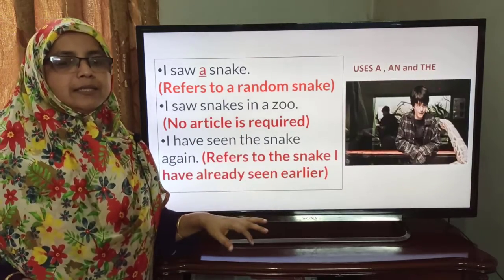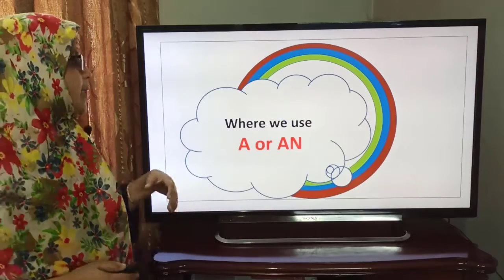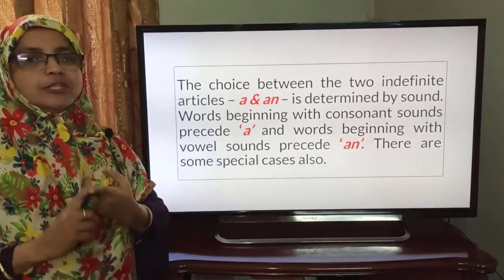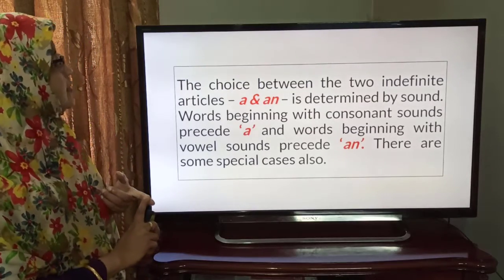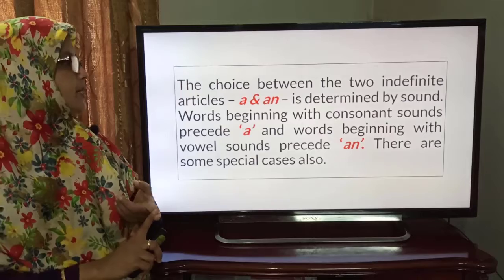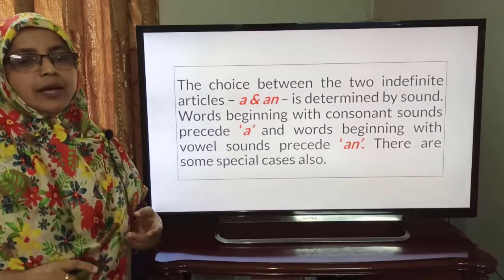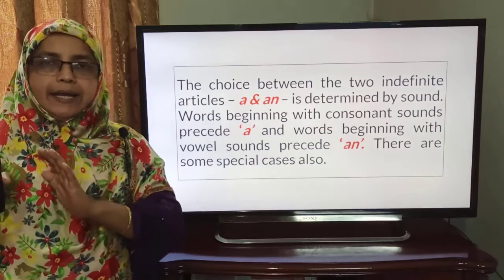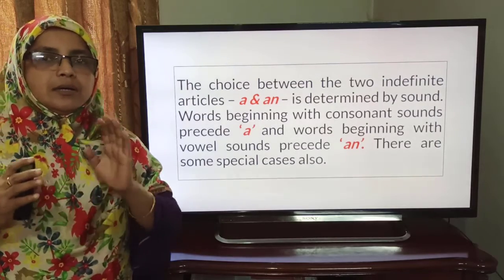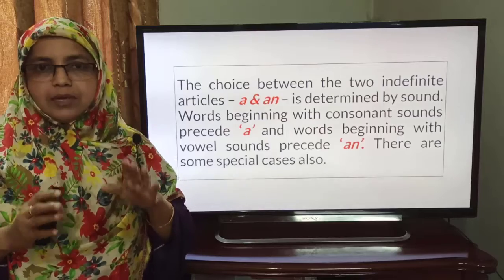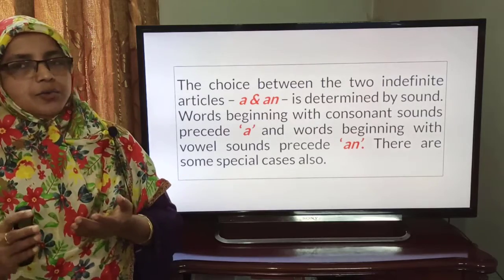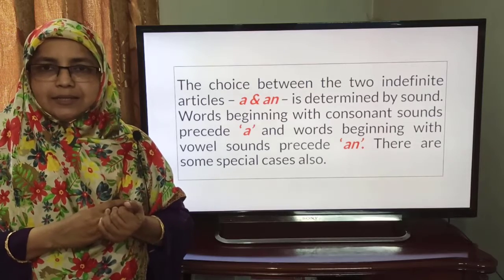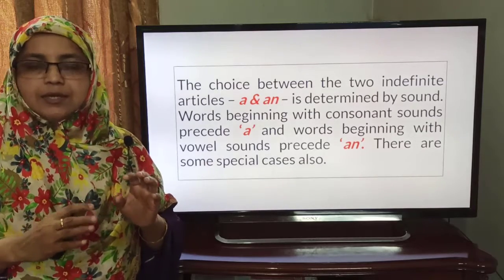Okay, let's see where we can use a and an. The choice between the two indefinite articles a and an is determined by sound. We have to remember that the choice between a and an mainly depends on sound, that is vowel sound or consonant sound. We know we have 26 letters and different sounds.